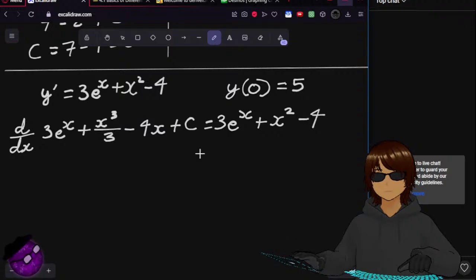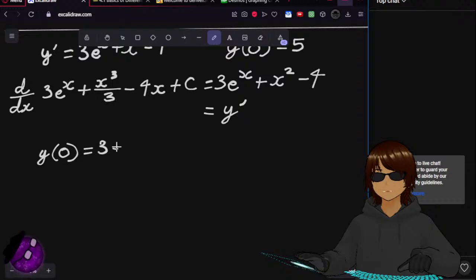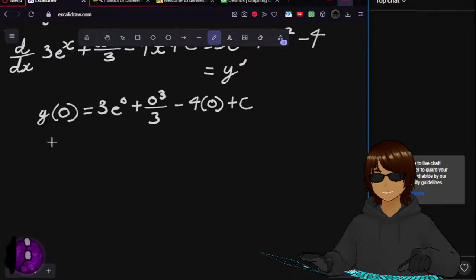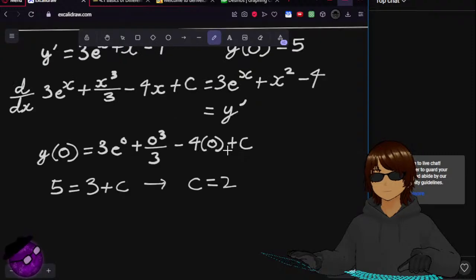So I can write y like this. And y(0) is equal to 5, that means 5 is equal to 3 plus 0 minus 0 plus c, and then that means c is equal to 2.